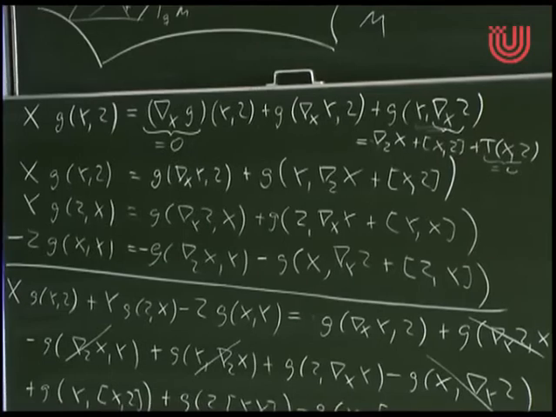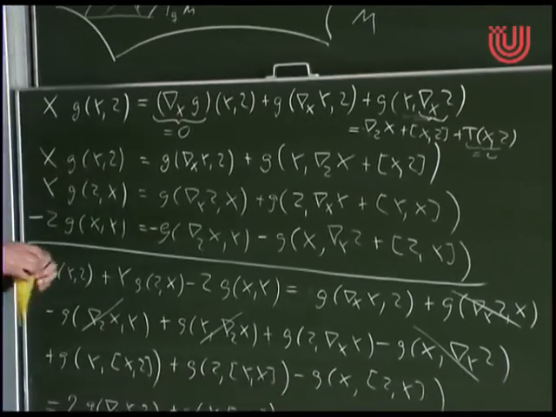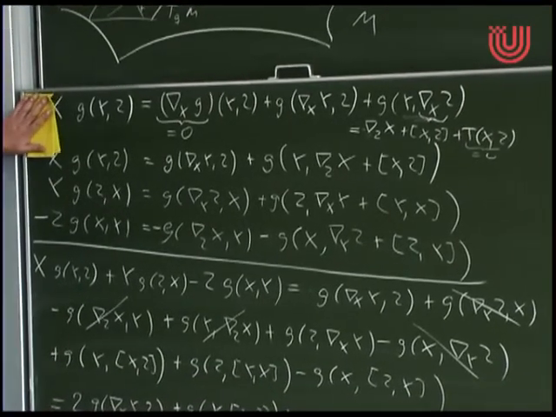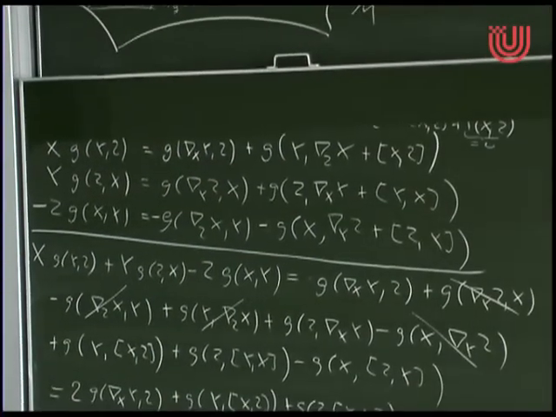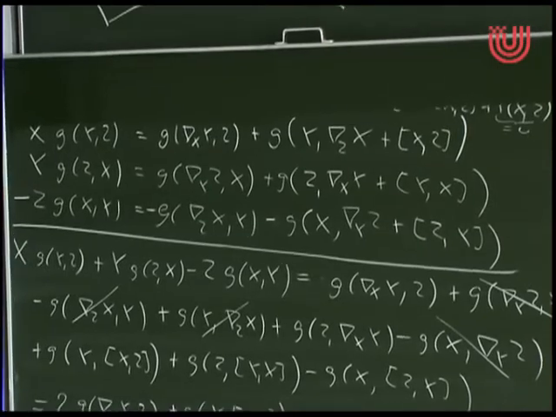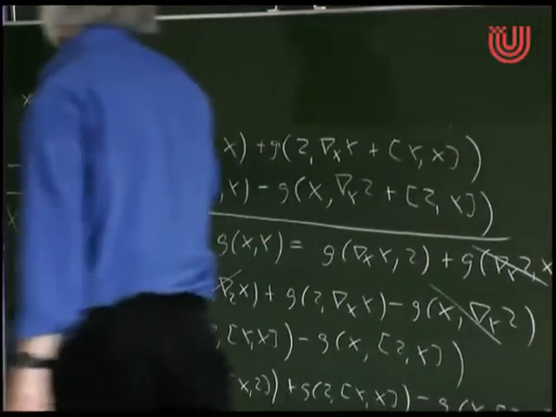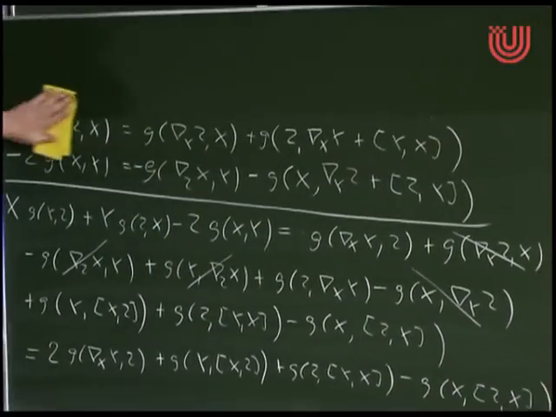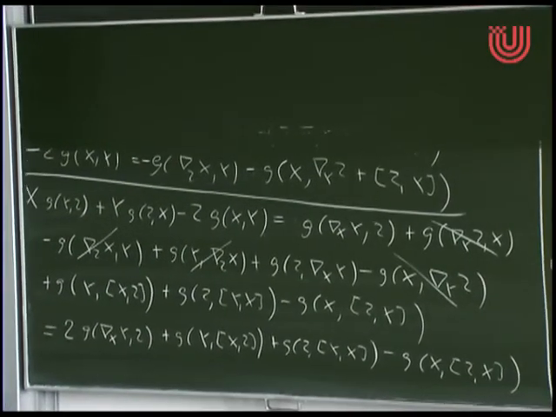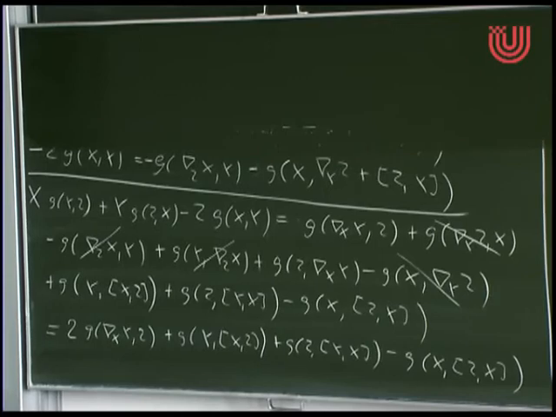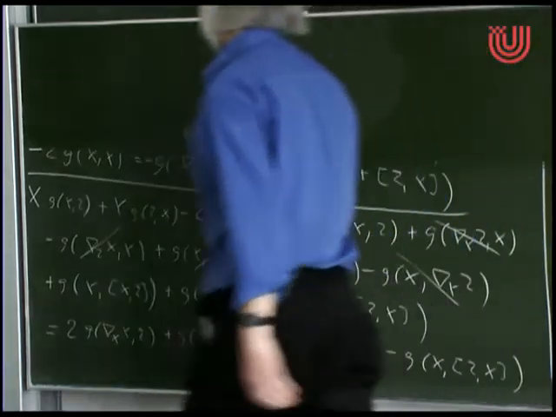So remember how geodesics were introduced? We introduced them as, in quotation marks, straightest lines with respect to a connection. So a curve was called a geodesic if its tangent field is parallel transported along the curve. So the tangent field is parallel along the curve, then we call it a geodesic. Some people call it an autoparallel, that's the same.